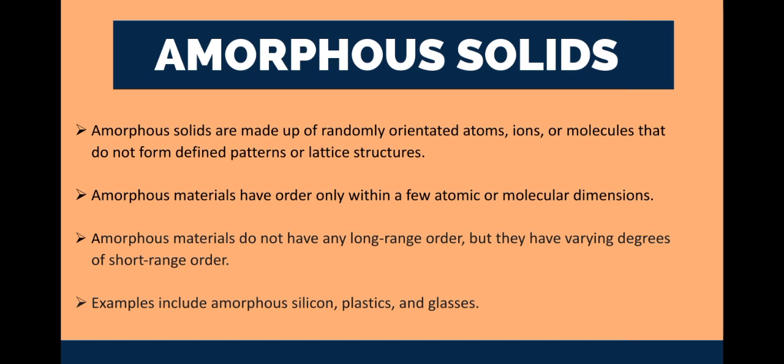An example for this includes amorphous silicon, plastics, and glasses. Glass, for instance, is a well-known amorphous solid that lacks a crystalline structure and exhibits random atomic arrangement. Amorphous polymers, such as some types of rubber or plastic materials, also demonstrate the characteristics of amorphous solids with short-range order but no long-range crystalline structure.